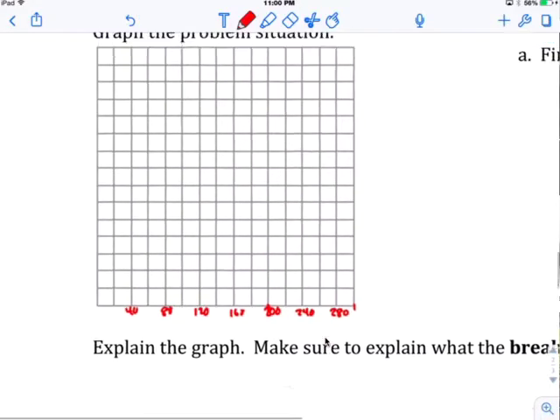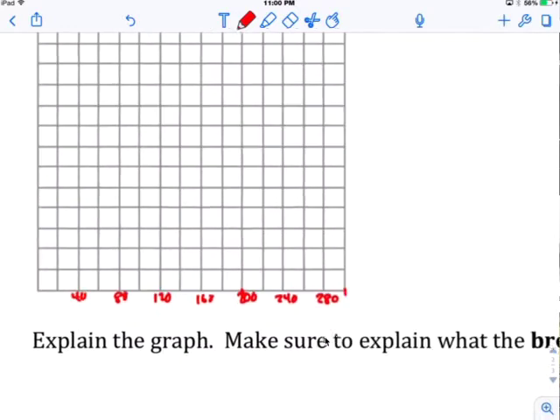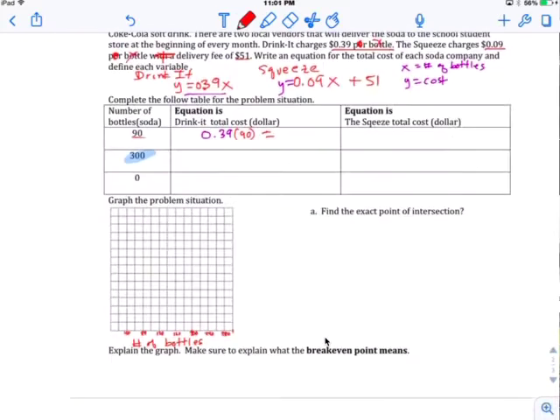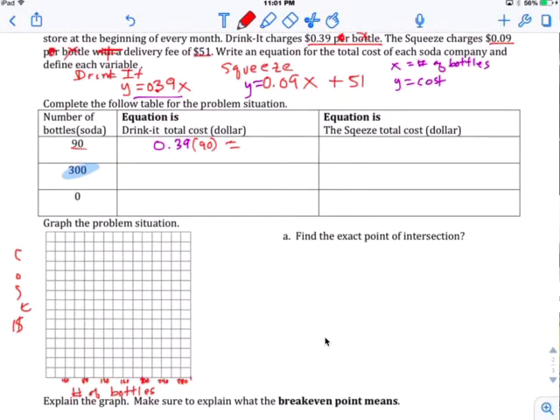Okay, and then you need to figure out the dollar amount. Make sure you put number of bottles here. Label your graph, and then the cost here in dollars. Find the exact point of intersection. Use substitution.